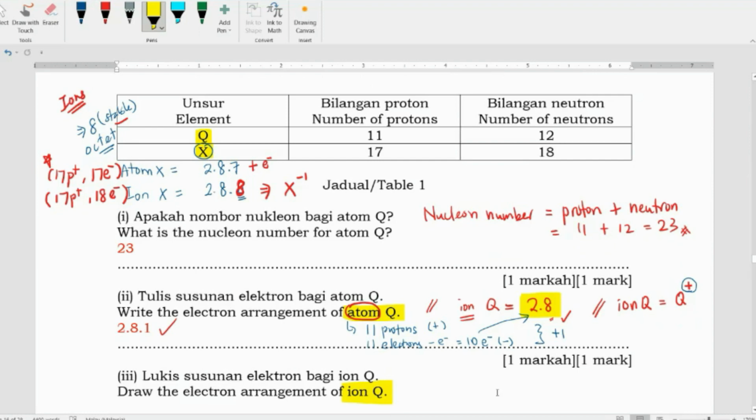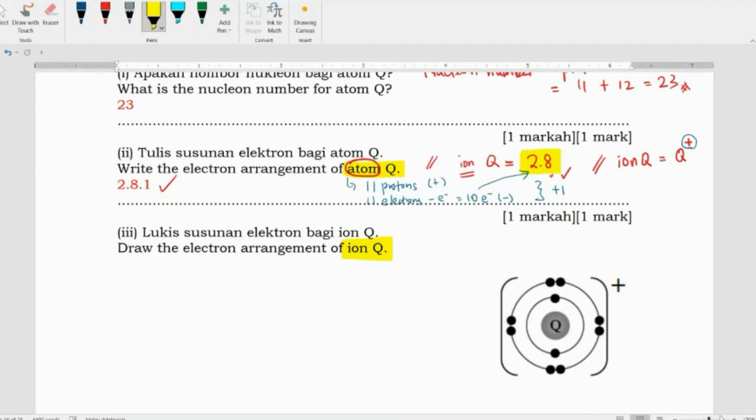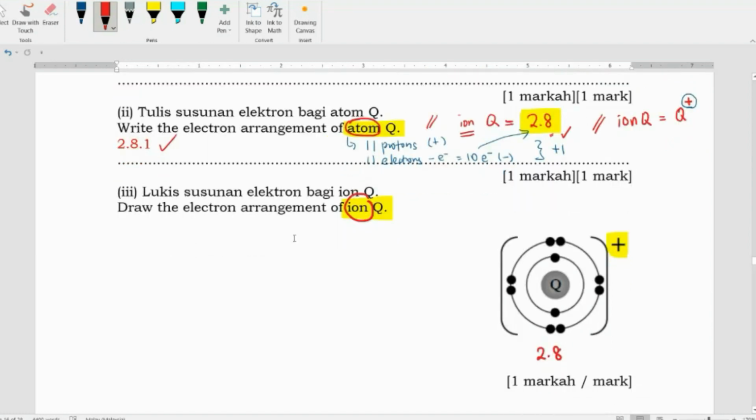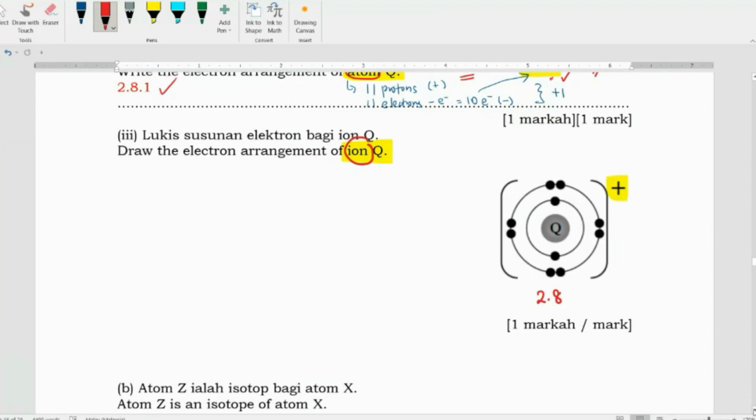If ion Q, it would be 2.8 only, and remember you have to put a charge for it, positive one. So be careful on this. Class, no more question? In the exam you have to be careful on this kind of question. We prepare so early, next year you sit for your SPM. So remember, don't wait until the last minute, always do revision.